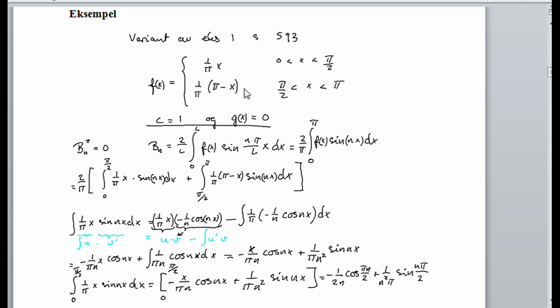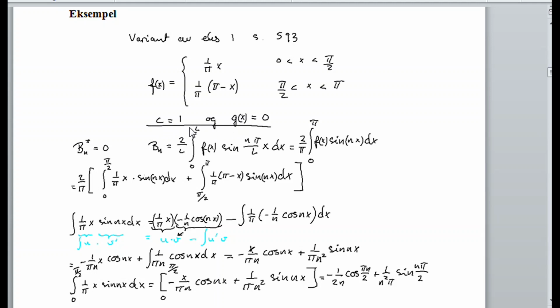And similarly, in the rest of the interval from 0 to pi, that is from pi half to pi, f of x is equal to this expression.